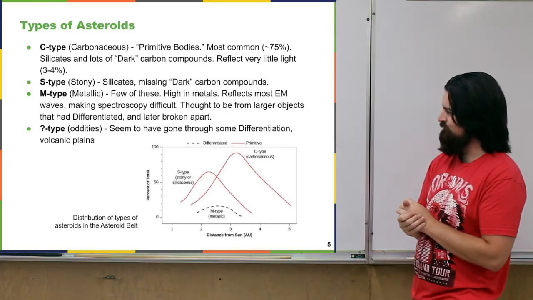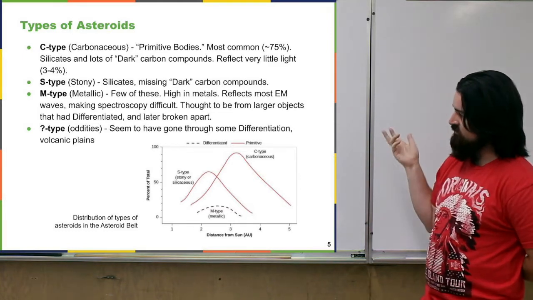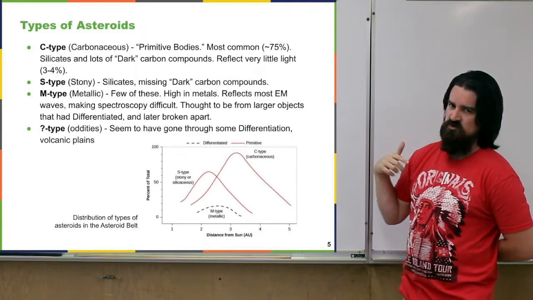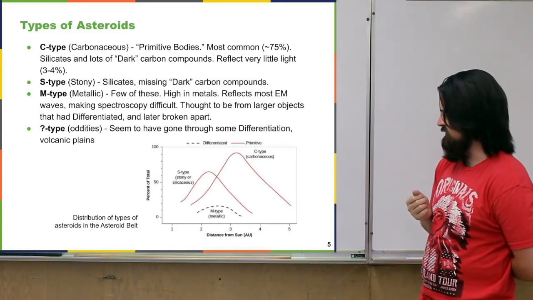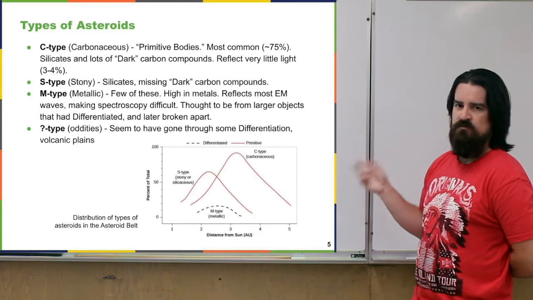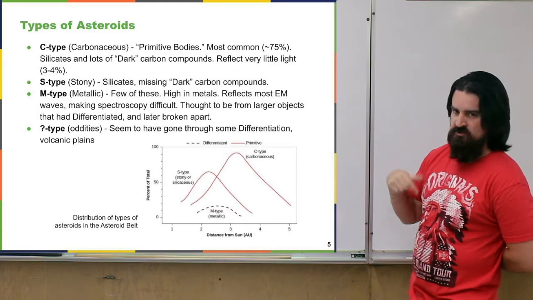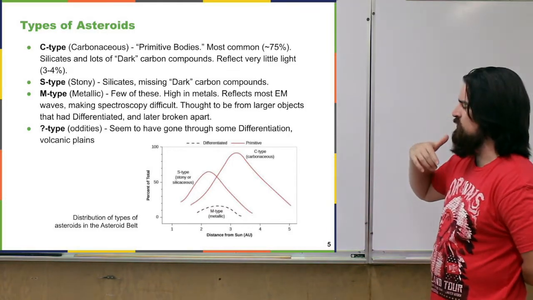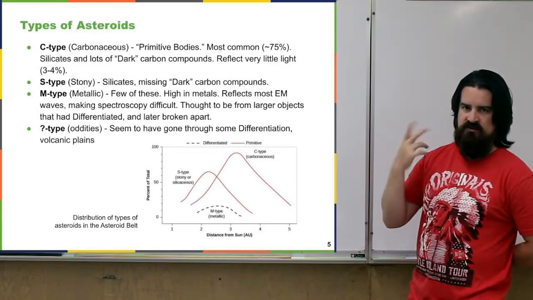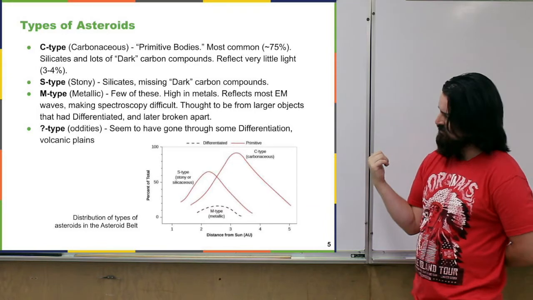Not only are there different ways we've classified them, but there also seems to be a somewhat distinct distribution of where these kinds of asteroids live in the solar system. This graph is particularly looking at the asteroids in the asteroid belt between Mars and Jupiter. Closer in seem to be more the S-type, the stony type of asteroids. As you get further out, the C-type tend to dominate.